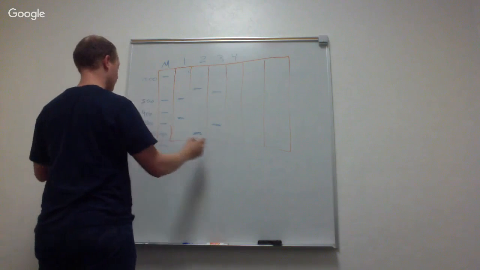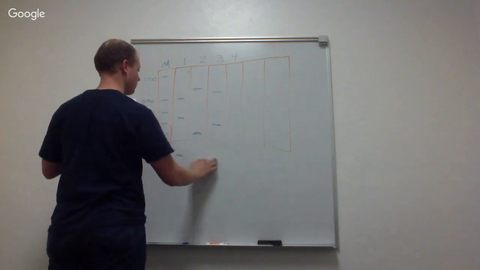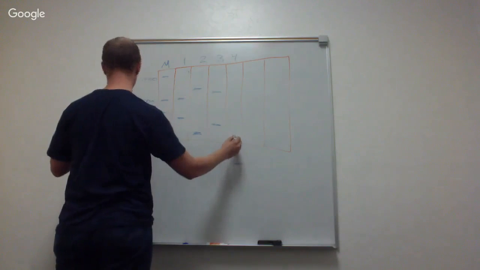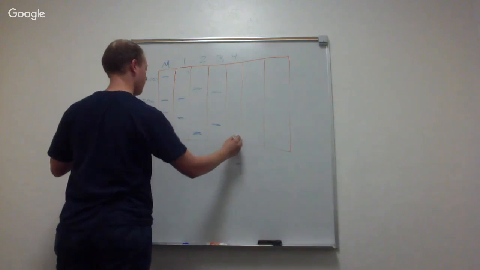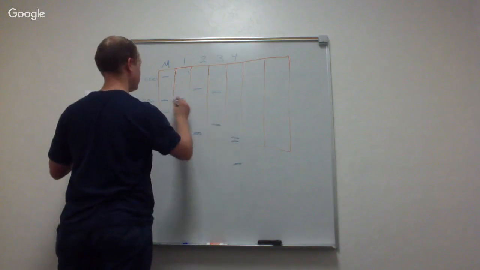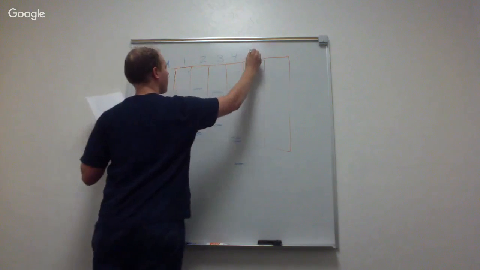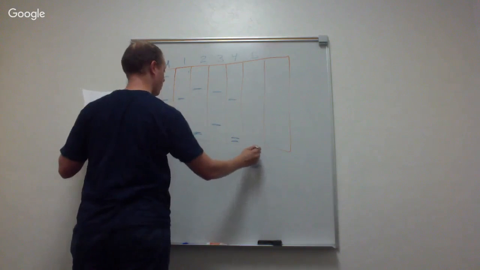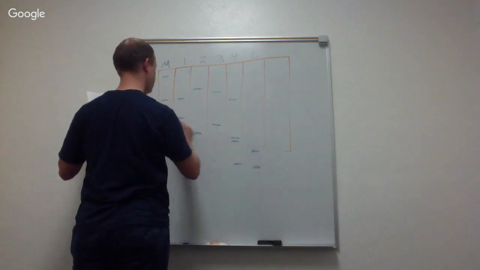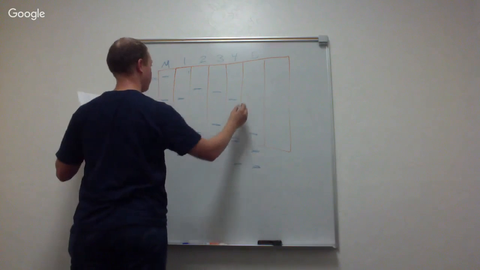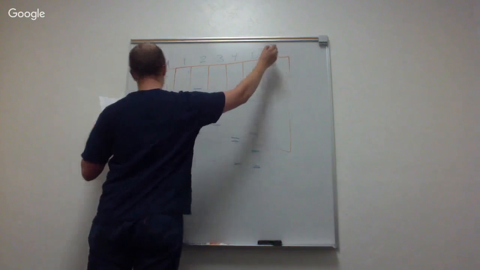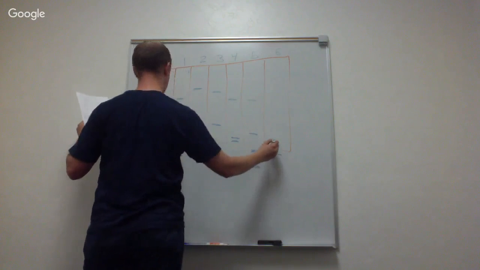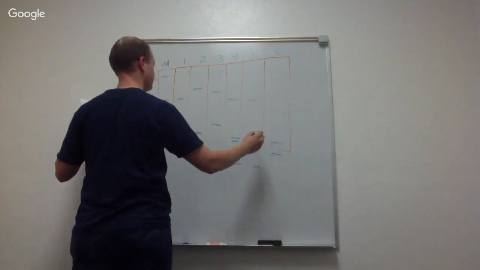Lane 4 has fragments that are 50 base pairs long, 150, 200, and 500. Lane 5 has, again, a 50, a 100, a 250, and a 500. And then lane 6 has a 100, a 200, and a 600.